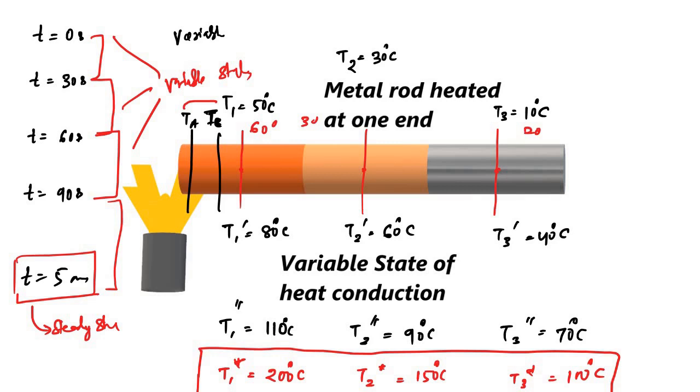That will also fluctuate. But in the steady state, the temperature of each section will be constant, and the section which is closer to the source of heat will always be higher than the section which is far away from it, as you can see here. So this is the basic concept related to variable state and steady state.